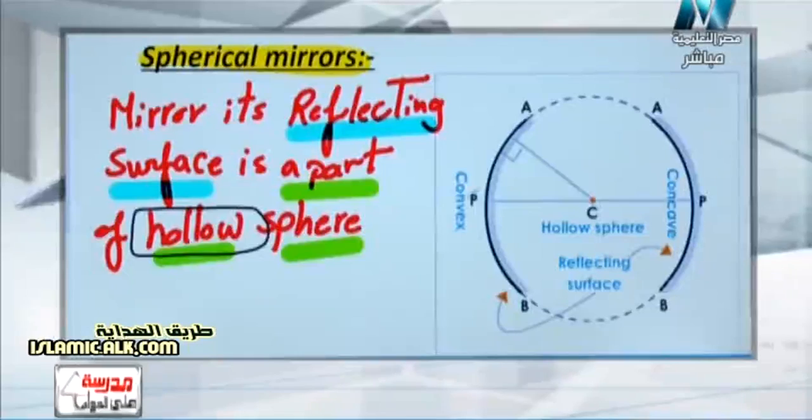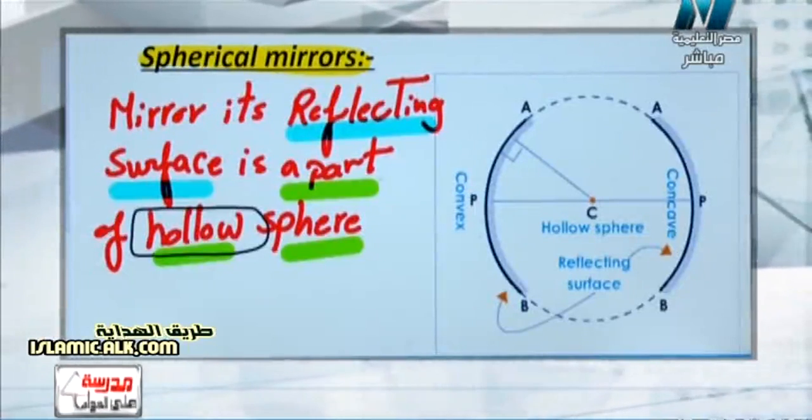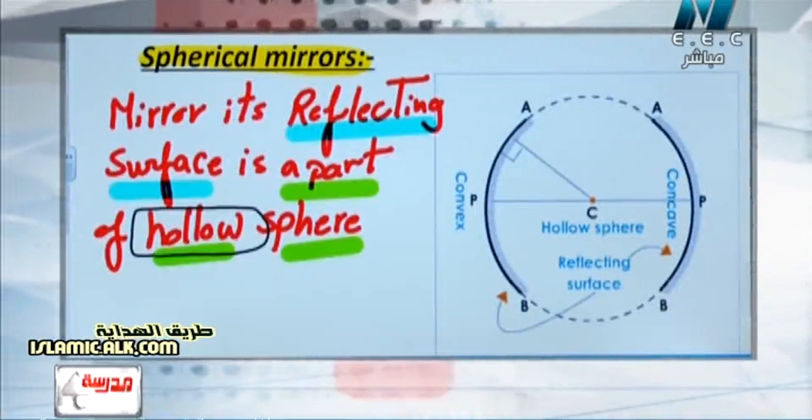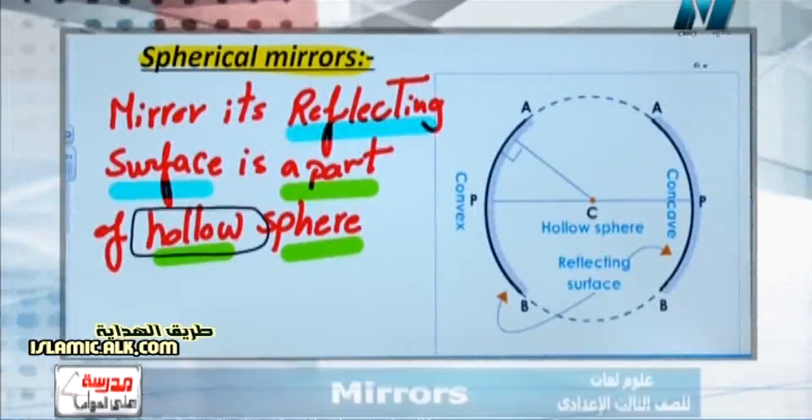So here we have to know what is meant by a spherical mirror. As we know, a spherical mirror is a hollow sphere, as we said, or a mirror whose reflecting surface is a part of a hollow sphere, as we see here in front of us. We have some main parts in this mirror.